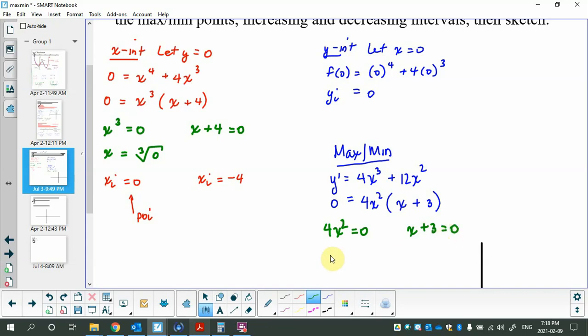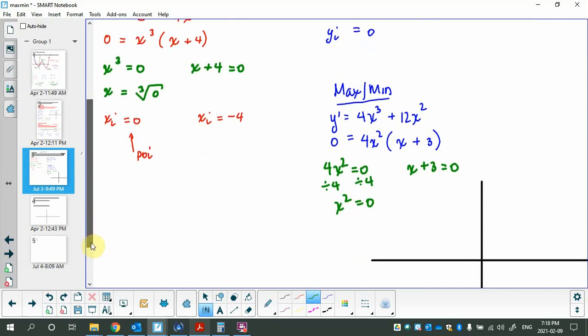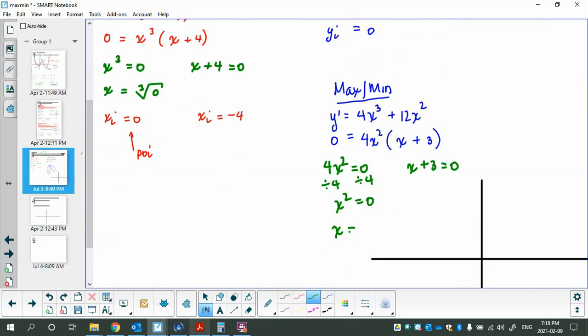I'll have to move my grid again. Divide by 4, x squared equals 0. X is equal to plus or minus the square root of 0, which is meaningless in this question. And we end up with a maximum or minimum of 0 from here and negative 3 from here.